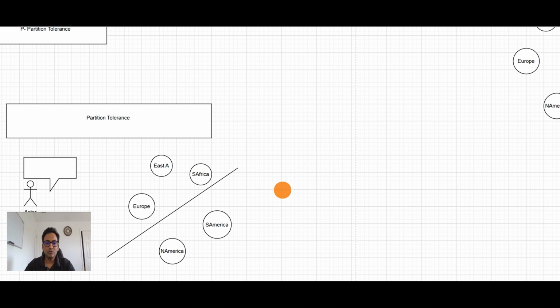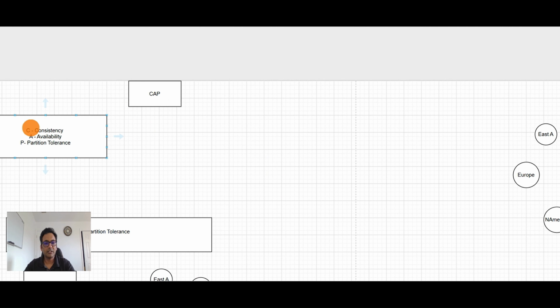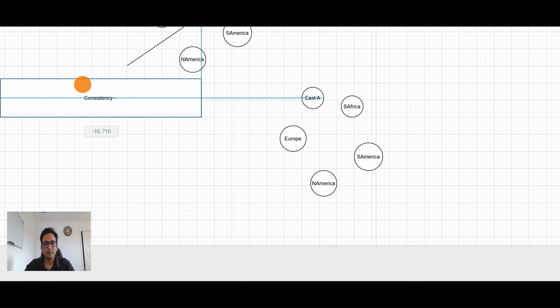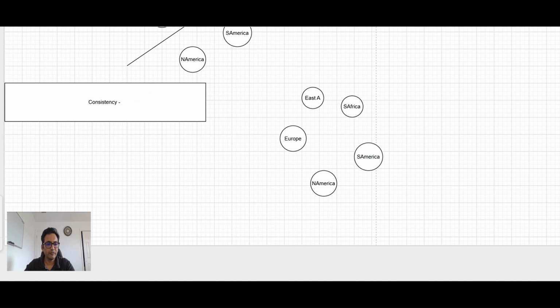Now let's talk about the second thing, C, consistency. Let's say we have two users, one here and another at this location: user 1 and user 2. User 1 is trying to see how much balance is in a particular bank account, taking that information from, let's say, the Europe server.